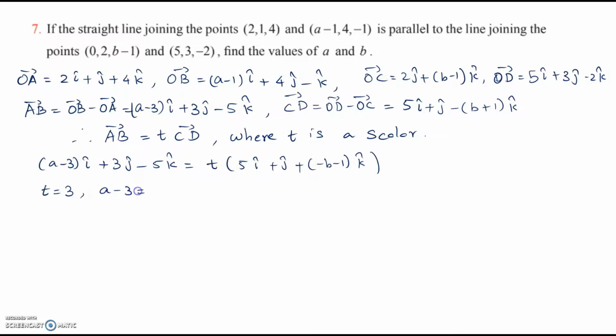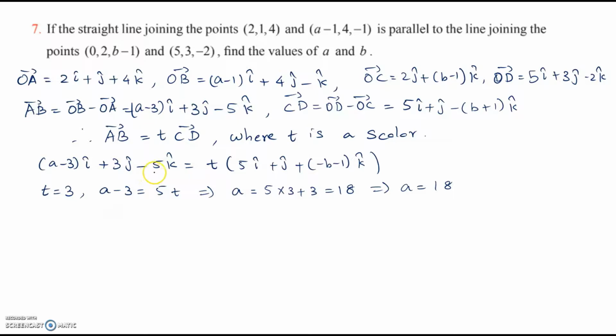If I substitute the value of t is equal to 3 here, you get your a is equal to 5 into 3 plus 3, which is equal to 18. So my a is equal to 18.